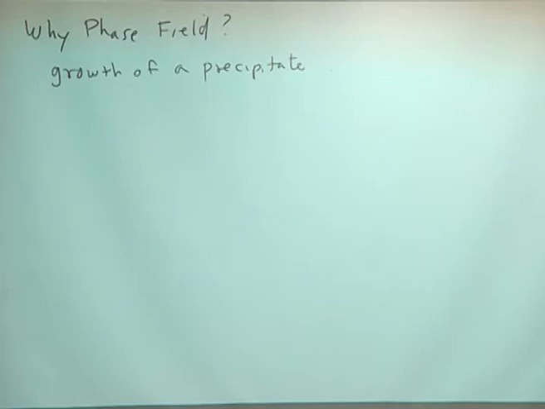So I'd like to start, for those of you who've never done phase field before, with the question of why phase field? Why are we here? And why is this even an issue? Let me give you an example of the growth of a precipitate, a particle, from a supersaturated solution.